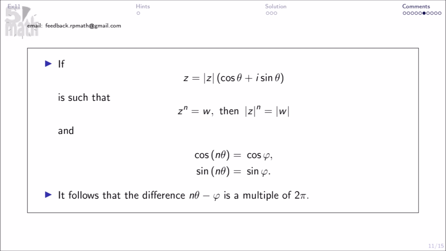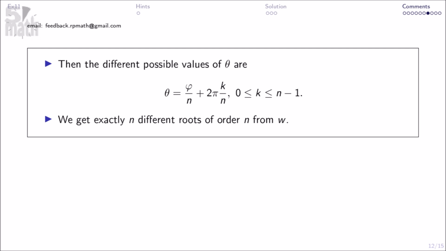It follows that the difference n theta minus phi is a multiple of 2 pi. Then the different possible values of theta are theta equals phi over n plus 2 pi k over n, k greater than or equal to 0, less than or equal to n minus 1. We get exactly n different roots of order n from w.